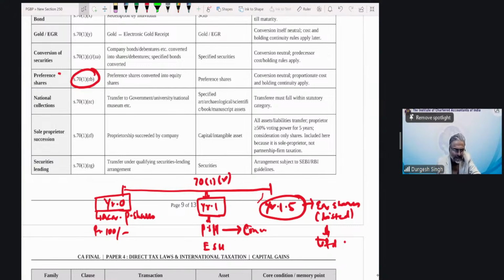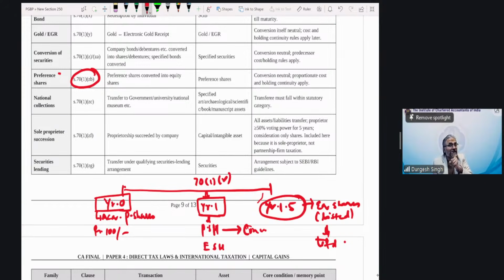In the last-to-last session, towards the end, we had the opportunity to discuss this section 70 quite extensively, so just this much is enough. Such conversion is covered under section 71, and accordingly it is not a taxable transfer. Please be careful, students, I'm telling you.